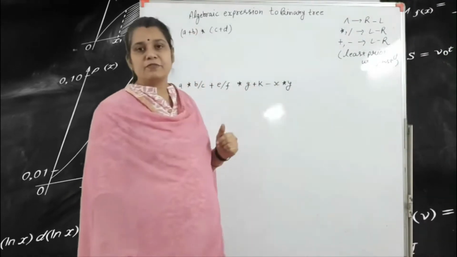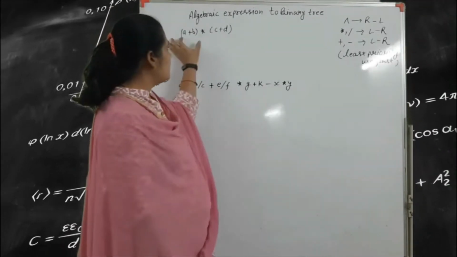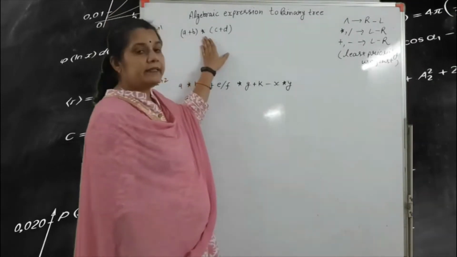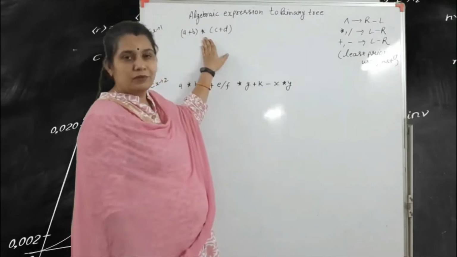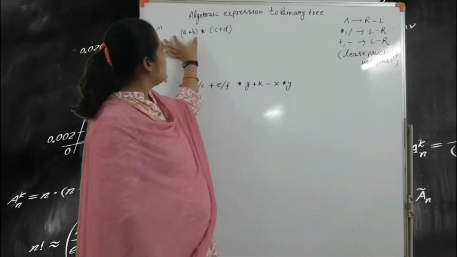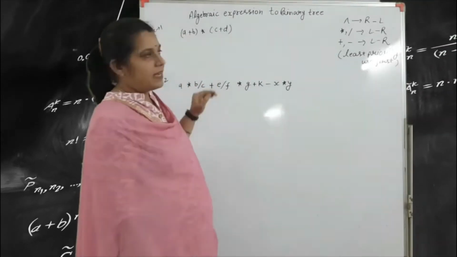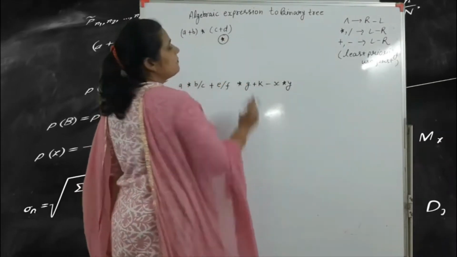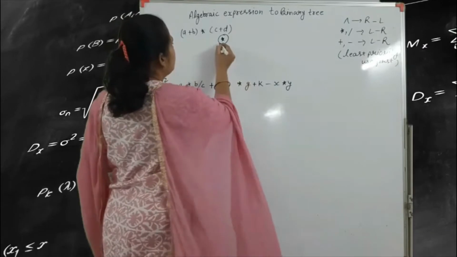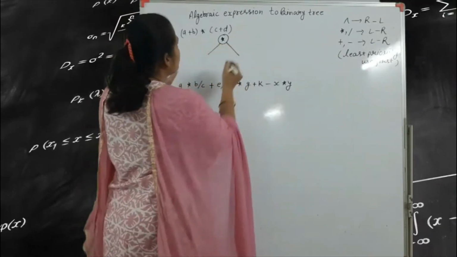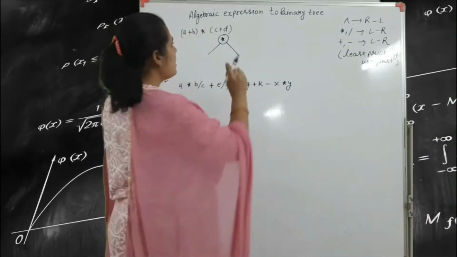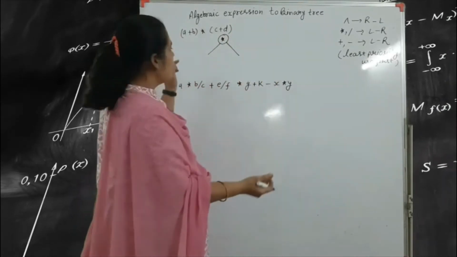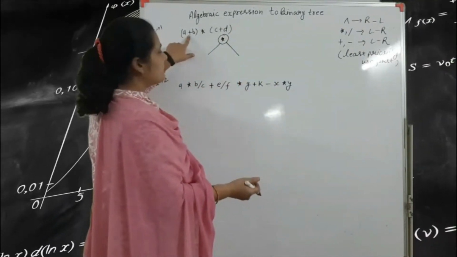This example is very easy because here the alphabets are given in bracket form. Okay. So first of all, these 2 points are in the bracket sign. So first you start from the star sign. After that, this is your left hand side you draw and this is your right hand side. Okay, so according to this bracket, this is the plus sign.